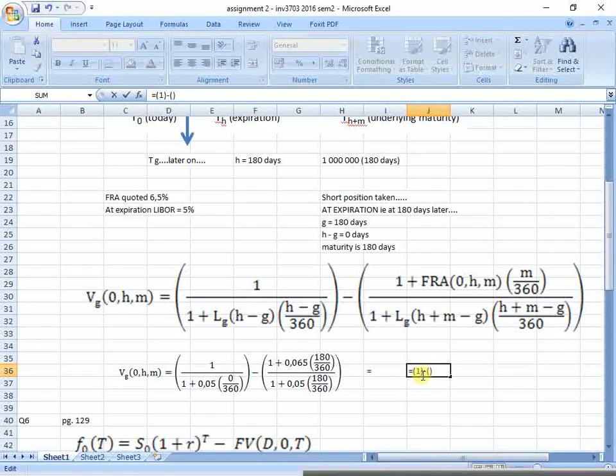In this bracket, 1 divided by open brackets 1 plus 0.05 times 0 is 0, so 1 plus 0 will be a 1, and then bracket 1 plus 0.065, bracket 180 divided by 360, close bracket, divided by open bracket 1 plus 0.05 open bracket 180 divided by 360, not 365, 360, close bracket, enter.